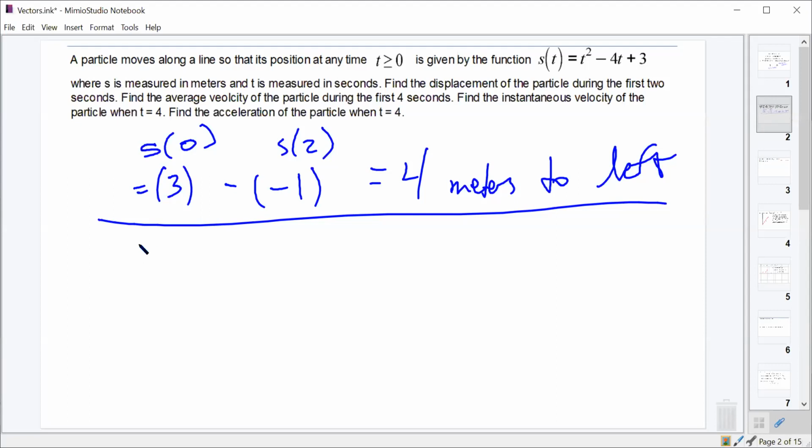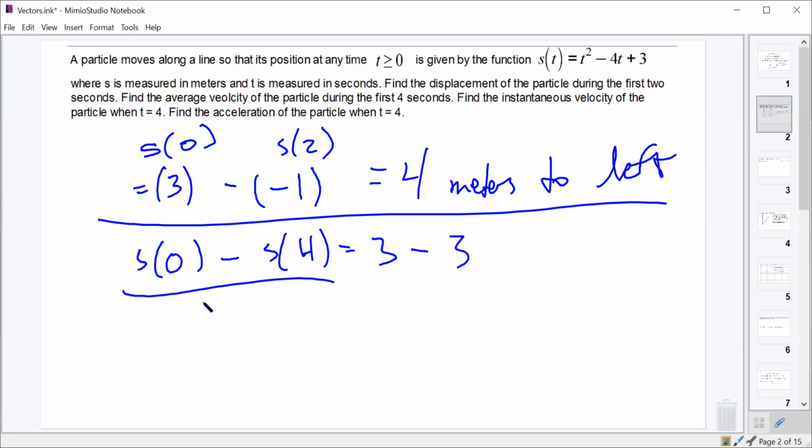We're going from s of 0 minus s of 4. S of 0 is 3, and what's s of 4? Should also be 3. And what's our change in time? It should be 0 minus 4, right? We're going from 0 to 4. So 3 minus 3 over negative 4, which is 0. So our average velocity is 0 meters per second. Everybody good with that?